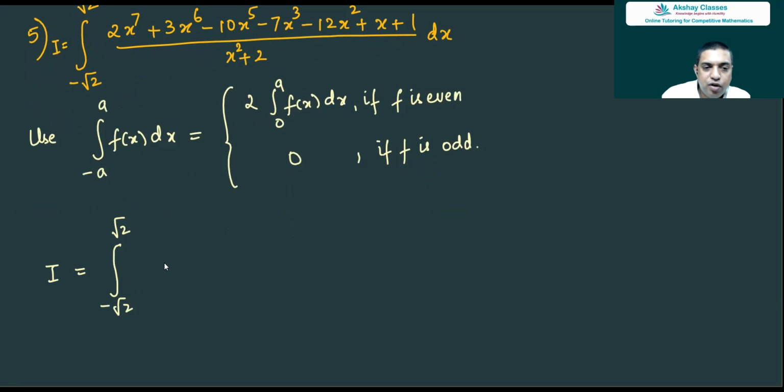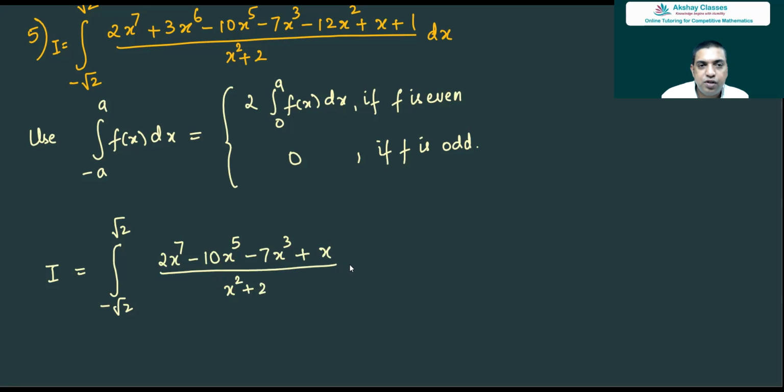I will take all odd terms, that is odd powers of x: 2x power 7 minus 10x power 5 minus 7x cube plus x, divided by x square plus 2.